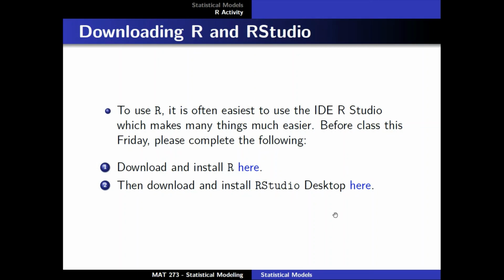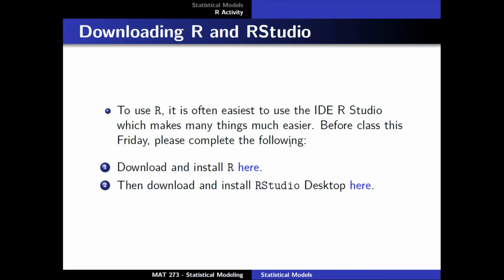To use R, we're going to use what's called an IDE, and specifically RStudio. It simplifies a lot of the tasks and coding in R, even for very seasoned programmers, so it's a very helpful and useful skill to know.